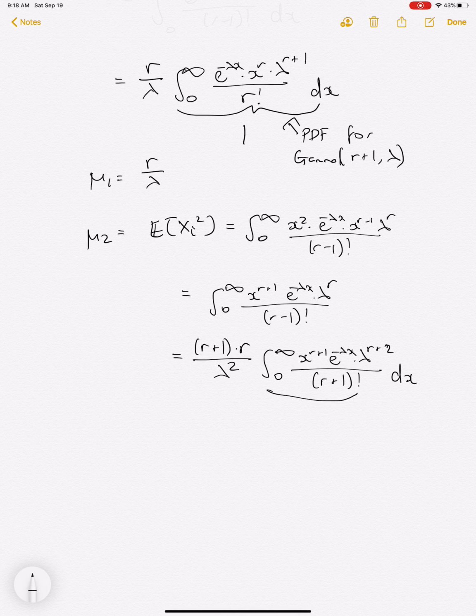And then this is just 1 since it's the PDF for a gamma r plus 2 lambda distribution.